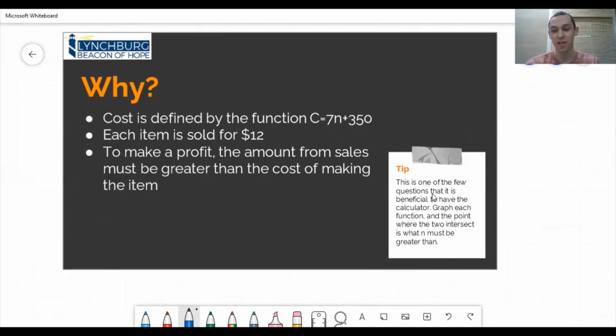Like I said, my little tip was that this is the type of problem that it's most beneficial to have the calculator for in every sense. Again, we've been through a lot of problems. Some of the calculator section problems I didn't use the calculator because either it would have just taken more time away from getting to other problems when you guys are taking the SAT, or because there was just no convenient way to use the calculator to do the problems.